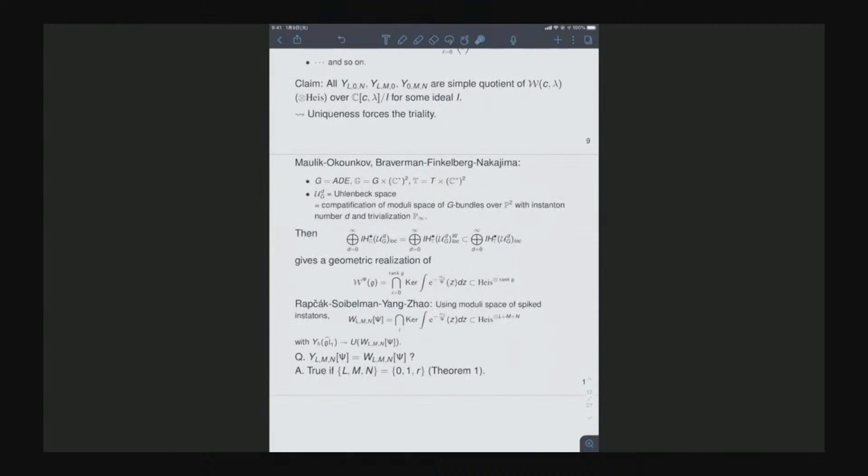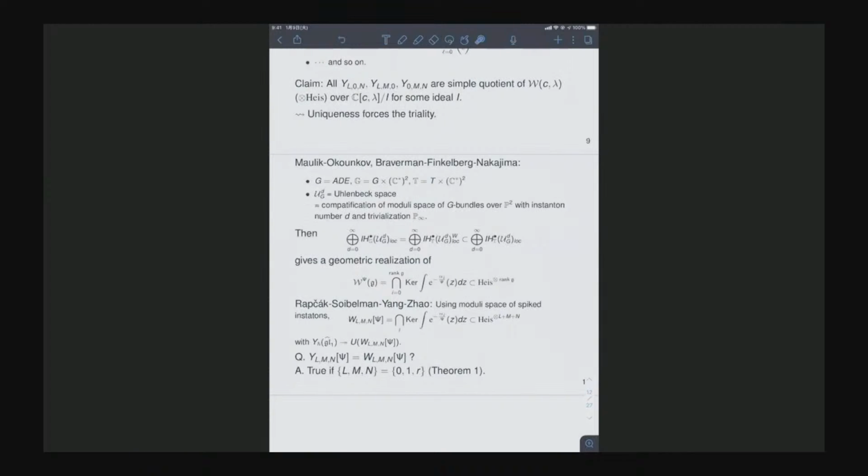And Rapčák, Soibelman, Yang, Zhao generalize this realization using the moduli space of spiked instantons. I don't know what it means, but anyway, they can generalize these results and this construction, and get the W algebra W_{L,M,N}. This is defined as the kernel of some screening operator inside the Heisenberg-Fock space.